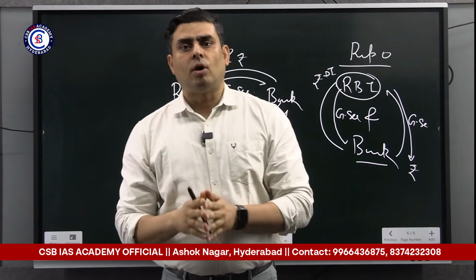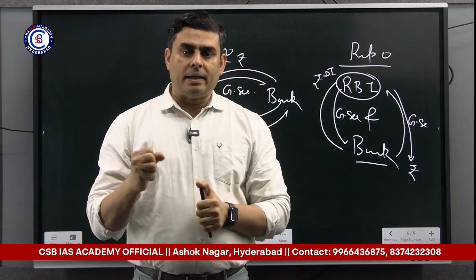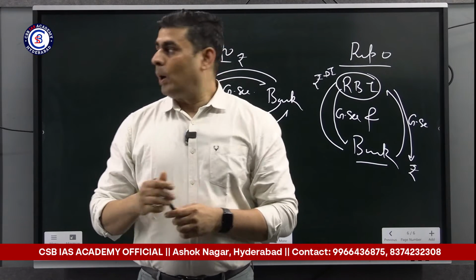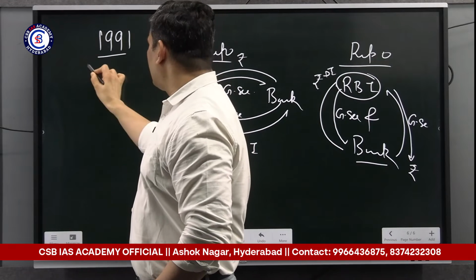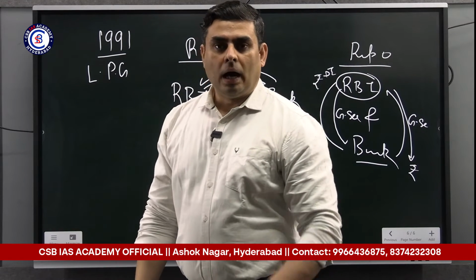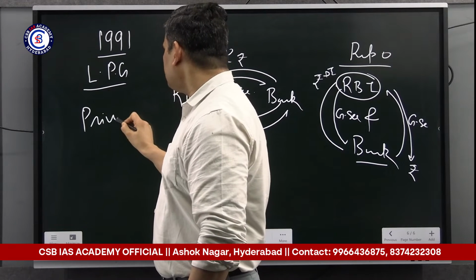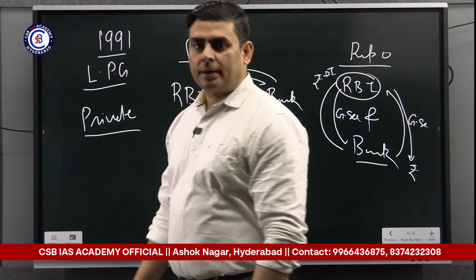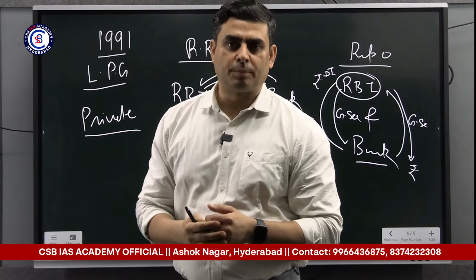The purpose was to help banks in India to manage short-term liquidity. Why? Because in 1991, the Government of India introduced LPG reforms. Under LPG reforms, the private sector was promoted, or the economy was liberalized for more participation of what?